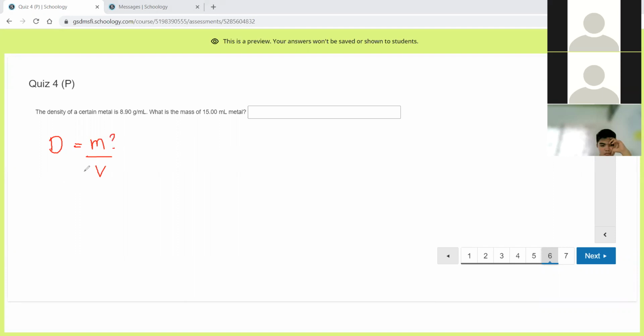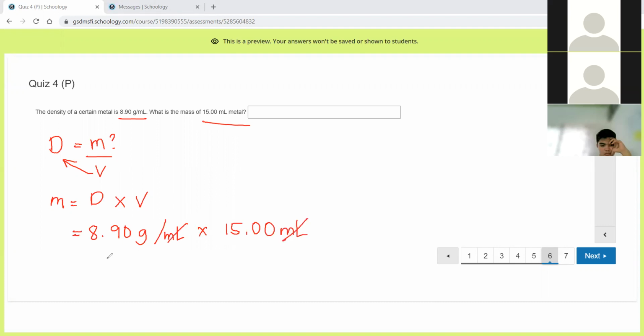So ato ang i-derive ato ang formula, i-cross multiply man nato na siya class, meaning mass is equal to density times volume. So ang given nga density is this one, 8.90 grams per ml times the volume. The given volume is this one, 15.00 ml.